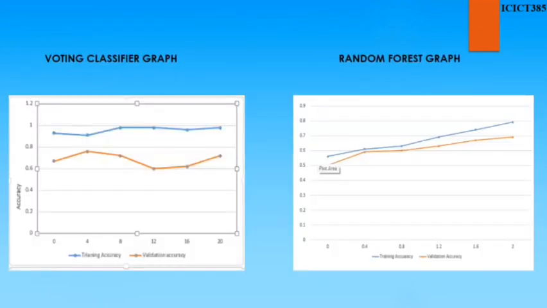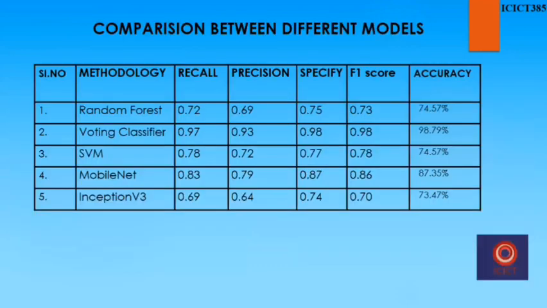As we see in the graphs, the left side graph is the voting classifier graph. It shows us the accuracy of the voting classifier is 98.79%, whereas for random forest the accuracy is 74.84 percent.